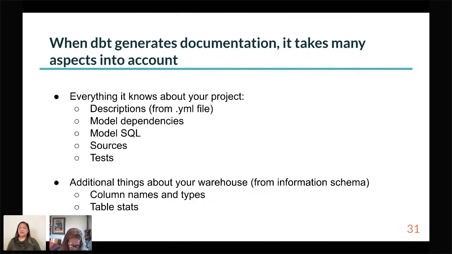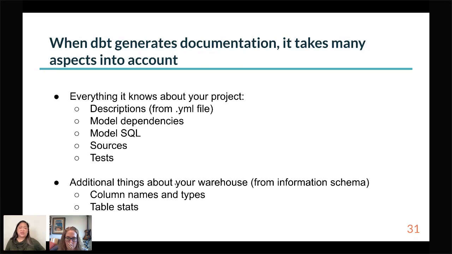The actual model SQL, so if somebody has a question about how something is calculated, they can go in and see that SQL. Sources, which would be the raw data. So in our case, there was Stripe data and Jaffle Shop in one of the examples I showed you. So it would show you where the raw data is coming from and what tests are configured and running on a particular model.